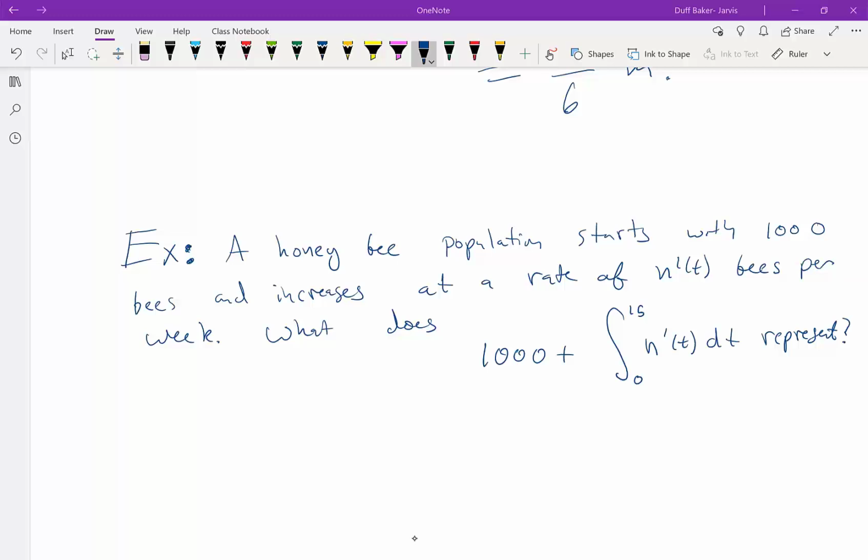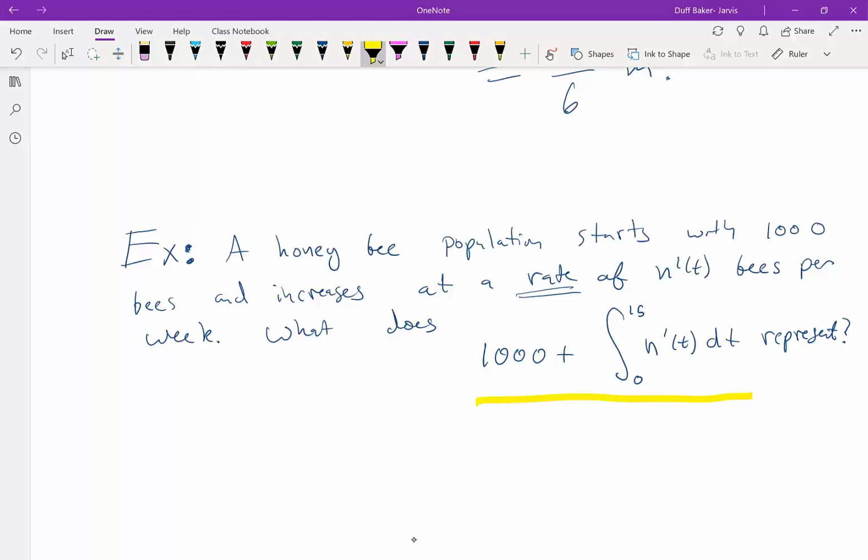So it's a rate, keyword rate here, per week. So we're given the rate of bees per week. And then we're asked, what is this quantity, 1,000 plus the integral from 0 to 15 of n prime, what does that represent?